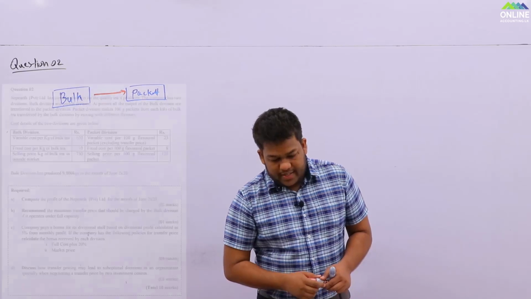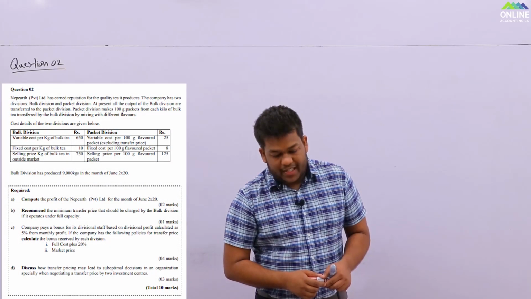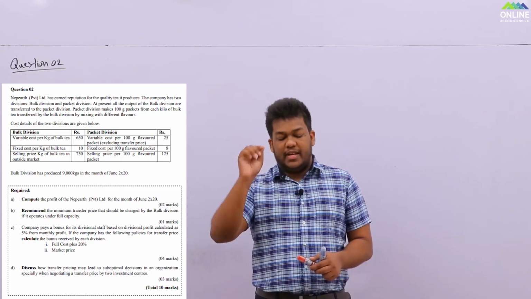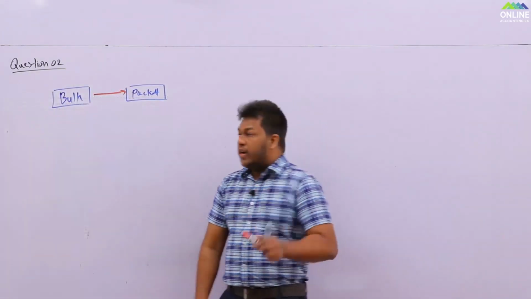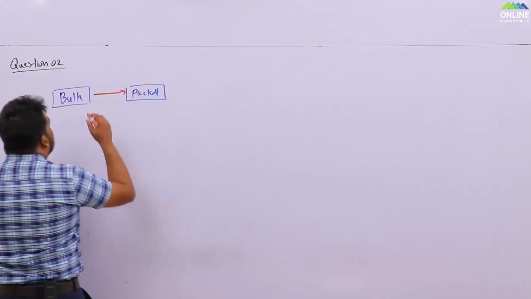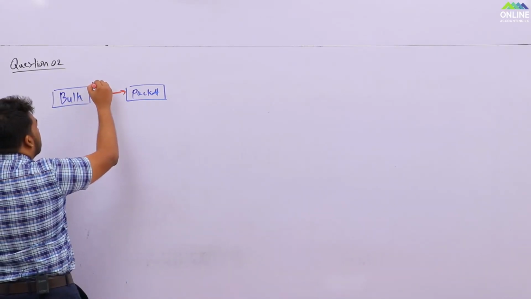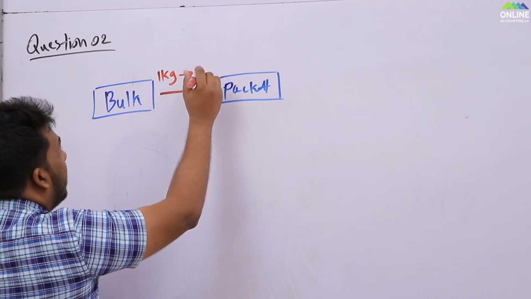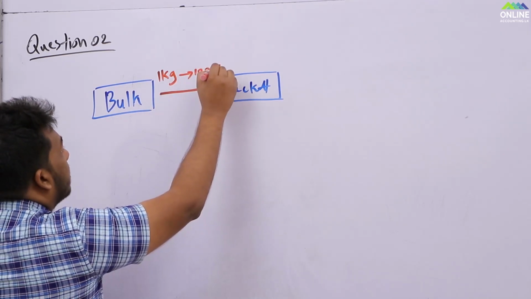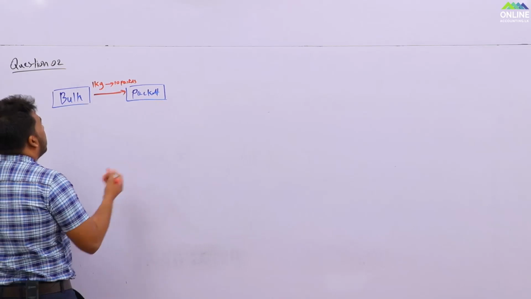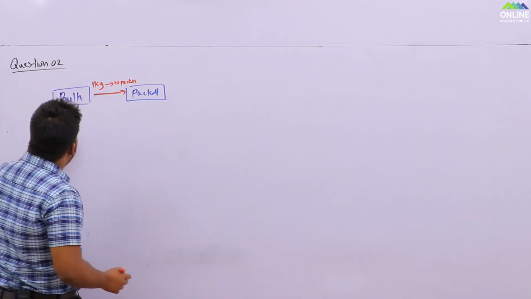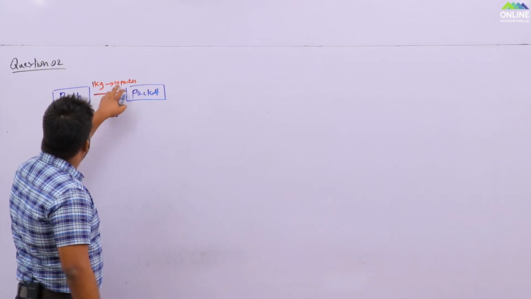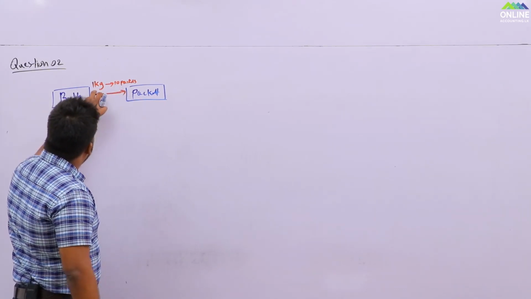Then the packet division makes 100 gram packets from each kilo of bulk tea transferred by the bulk division by mixing with different flavors. Whatever the kilos, let's say if they transfer 1 kilo, they will have 10 packets of 100 grams from 1 kilo.